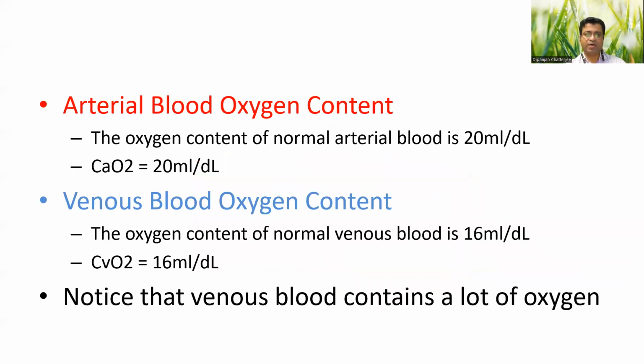So we see that our oxygen content in arterial blood with a hemoglobin of 15 is approximately 20 ml per deciliter, and the oxygen content in venous blood is around 16. So 16 is quite a bit. The oxygen content in venous blood, which is rich in hemoglobin, is a significant amount.